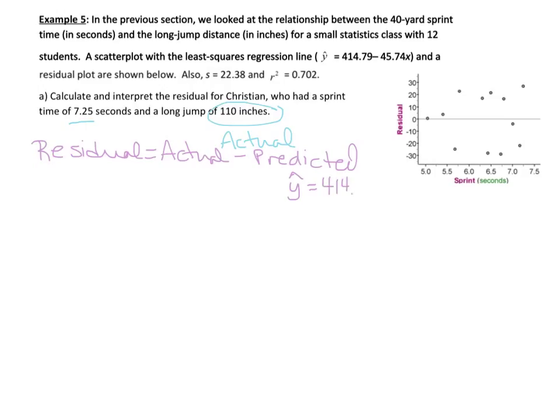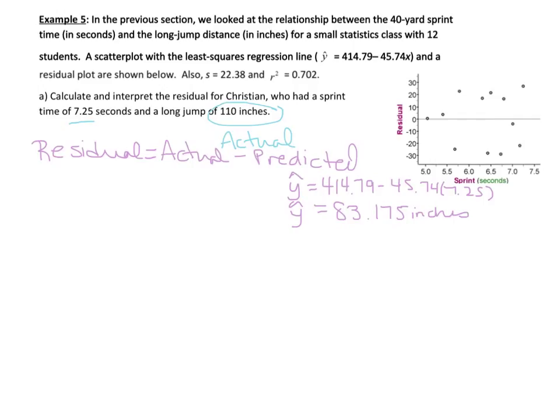So we're just going to plug that in. You can use your calculator on this, and you find that Christian's predicted length was 83.175. By the way, our y is in inches. So that was his predicted value.